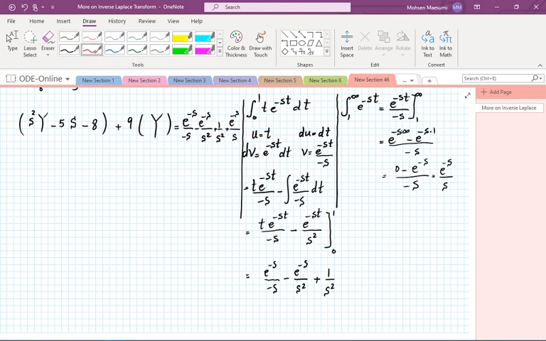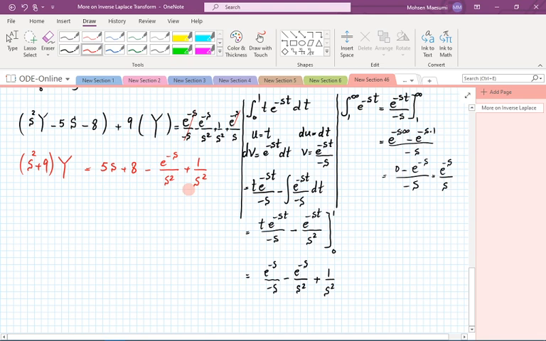As you can notice, these two cancel out. On the left hand side, we collect our Y's, so it becomes s squared plus 9 times Y. Everything else we can take to the right hand side, so 5s plus 8 comes here, and these two also are here, so I have minus exponential of minus s over s squared and then 1 over s squared.